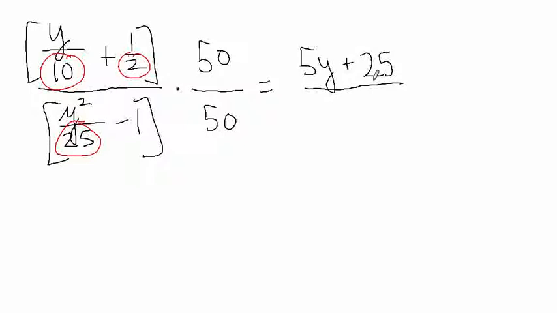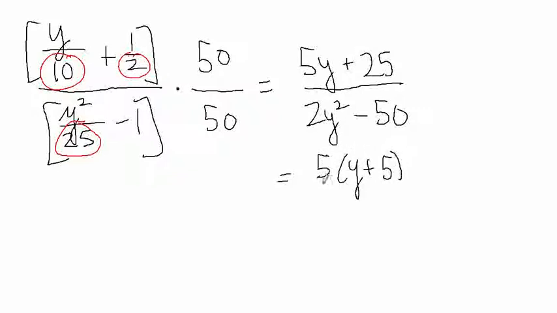And then likewise on bottom, 50 times the first term gives 2y squared, and then minus 50. All right, and then now I will factor the top and bottom. So on top I get 5 times y plus 5. On bottom I get 2 times y squared minus 25.